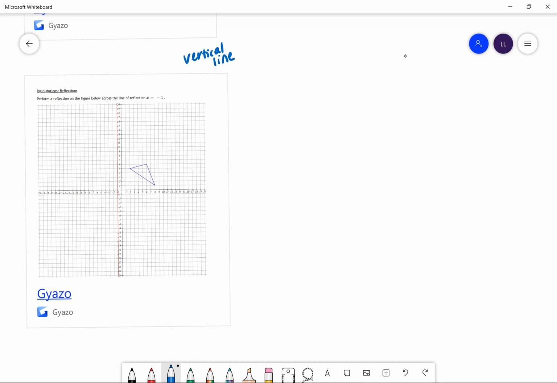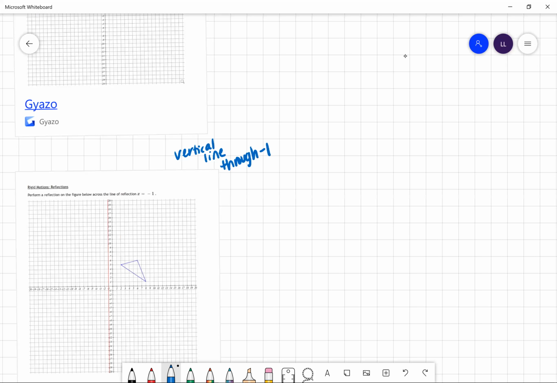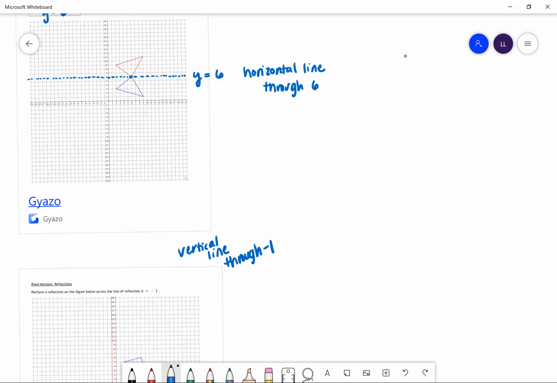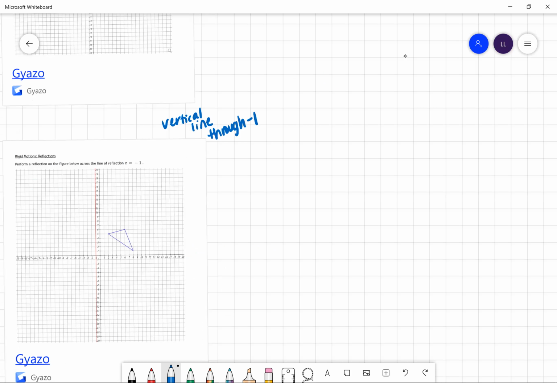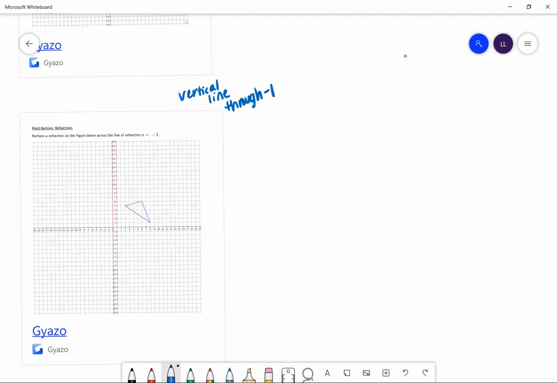So when you look down here, it's going through -1 on the x-axis. Right, and so now this one says perform the reflection over x equals -1.